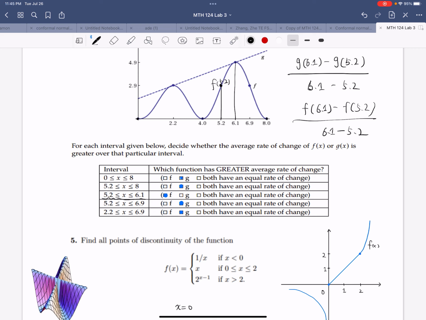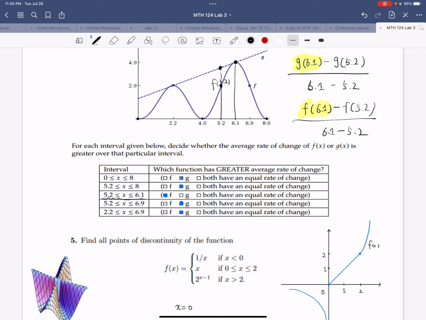As we can see, g at 6.1 and f at 6.1 coincide with each other because they share the same point here. But f at 5.2 is smaller. This is f, this is g at 5.2. f is smaller than g, right?